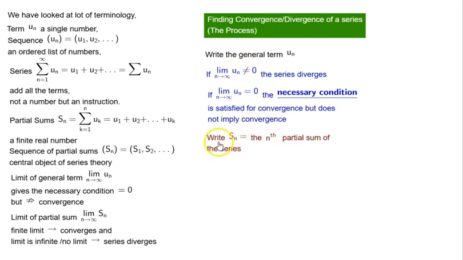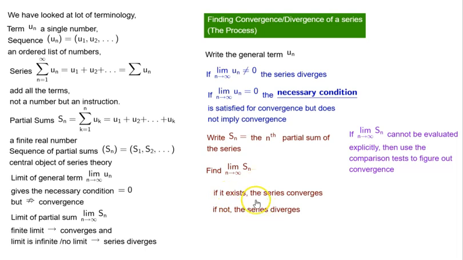The next step is to write S sub n, that is the nth partial sum of the series. And now we find the limit as n goes to infinity of this nth partial sum. If it exists, the series converges. If not, the series diverges.